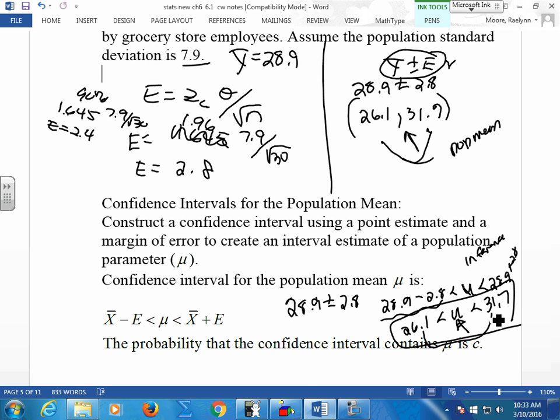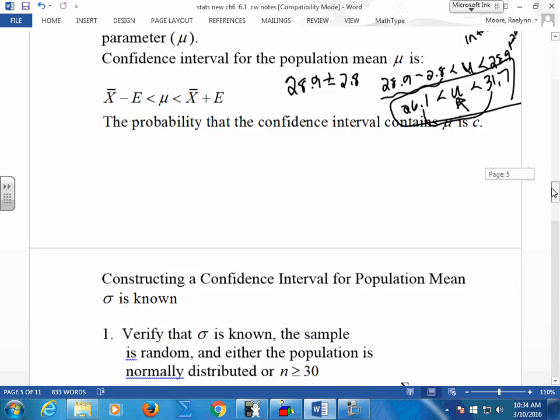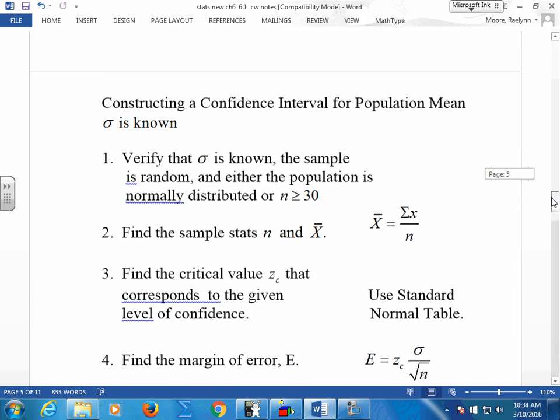But if you do this from 26.1 to 31.7, I have a really good chance, 95% confident that my population mean should fall there. This whole thing is based on an inference from your sample to your population. That's all we can do, make an inference, because we don't know enough about our population.